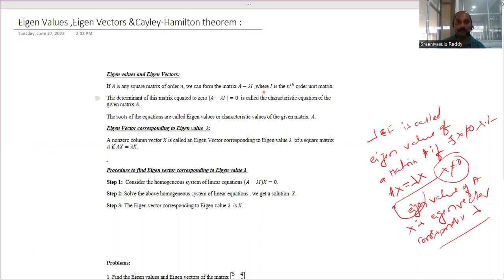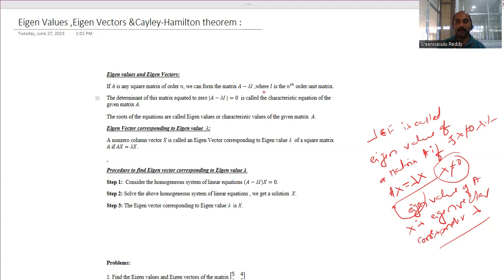Here, for problem solving purposes, I give it in a different manner. If A is a square matrix of order n, and in eigenvalues, eigenvectors, and the Cayley-Hamilton theorem we always consider a square matrix, because we want the determinant. The determinant only exists for a square matrix. A square matrix means the number of rows equals the number of columns. We form the matrix A minus lambda I, where I is the identity matrix of the same order.